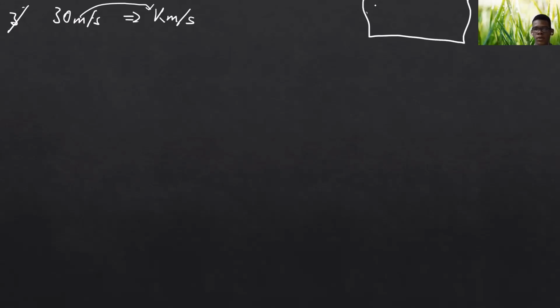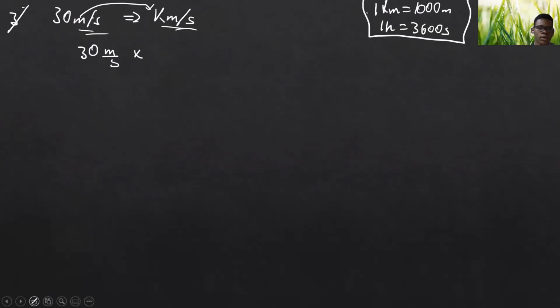Then you've got to remember our 1 kilometer is equal to 1,000 meters, and 1 hour is equal to 3,600 seconds. Good. So we're looking at the units. The seconds is staying seconds. It's just the meters going to kilometers, right? So it's a simple conversion, we're just converting the meters to kilometers. So we're just going to use our one conversion, which is 1 kilometer is equal to 1,000 meters.